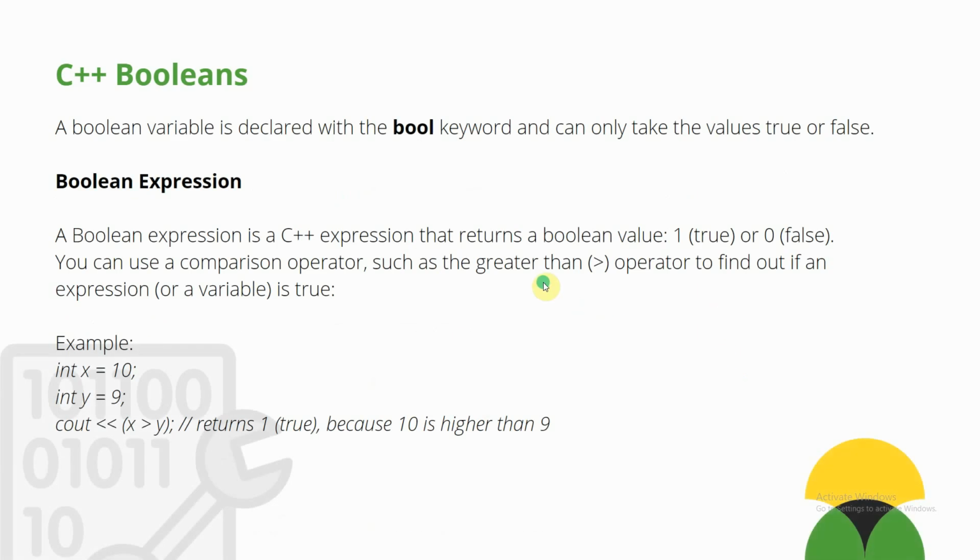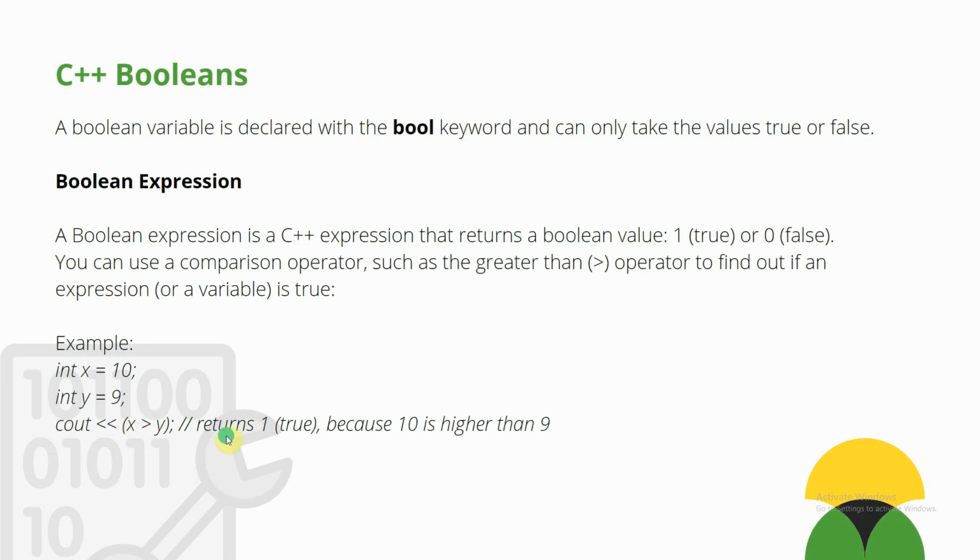Now for C++ booleans, that is again true or false. If you go with a boolean expression, C++ returns a value of true if 1 and false if 0. So you can use this comparison operator to find out if an expression or a variable is true or not. So for this example, integer x is equal to 10, integer y is equal to 9, and we cout x is greater than y.